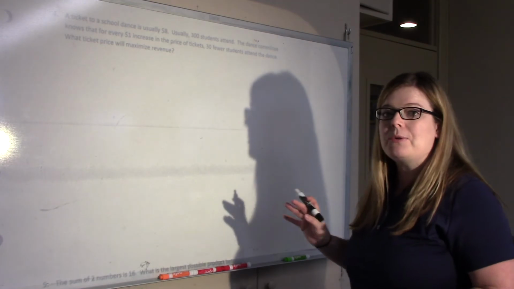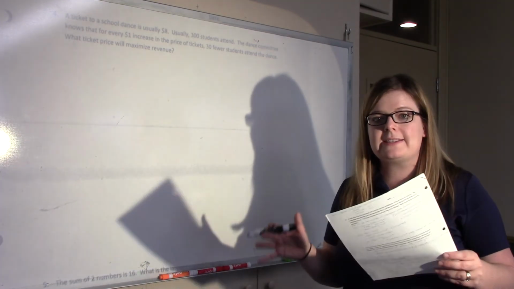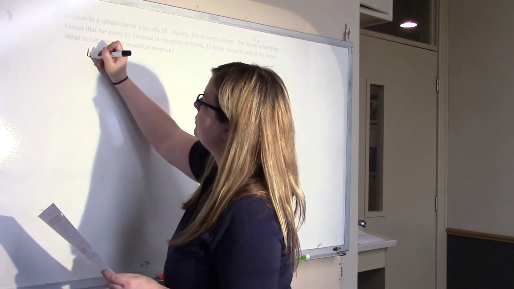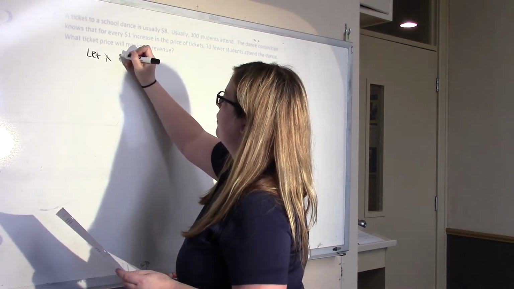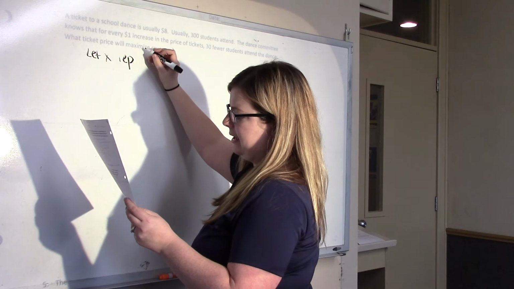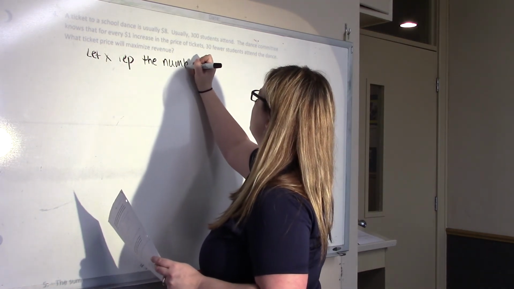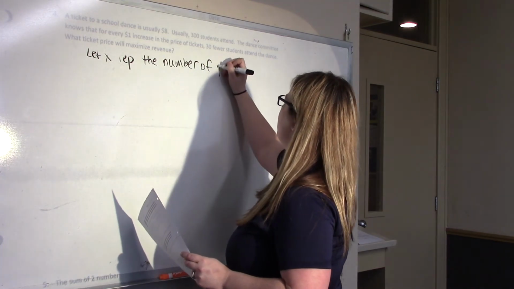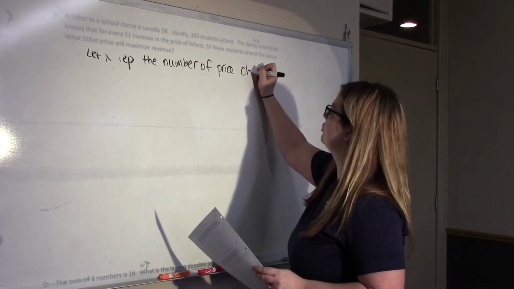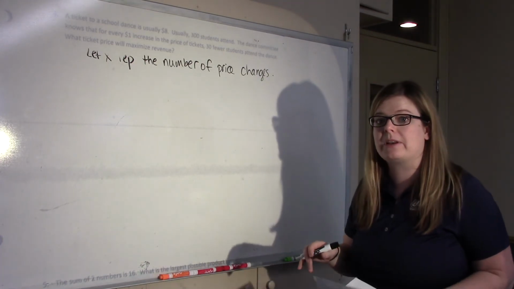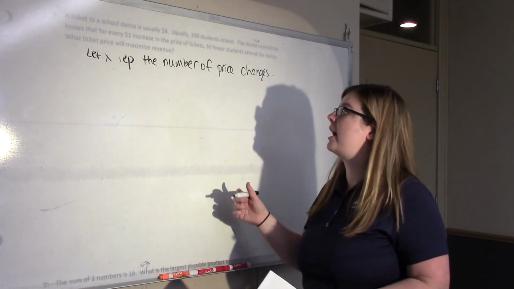Remember that when you have these types of problems with a price increase or decrease, the best thing to do is let X represent the number of price changes, how many times you're changing the price by $1.